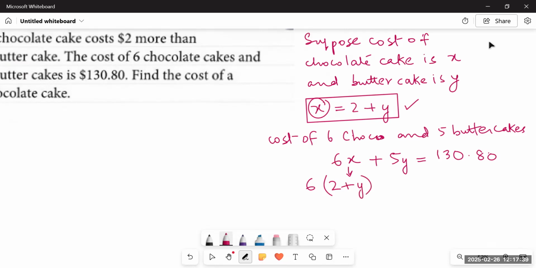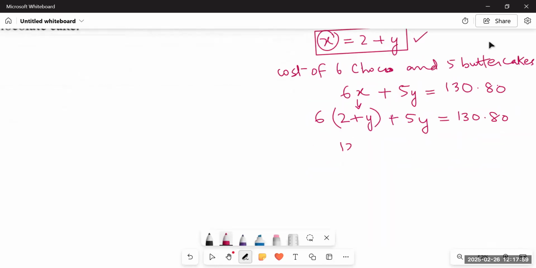I keep on repeating that whenever there is addition or subtraction involved and you have to multiply it by another number, you have to keep it inside the bracket or your answer would be different and it would be wrong. Okay, so it would be 6 twos are 12 plus 6y plus 5y is equal to 130.8. 6 plus 5 is equal to 11y, and we will shift this 12 to the other side.